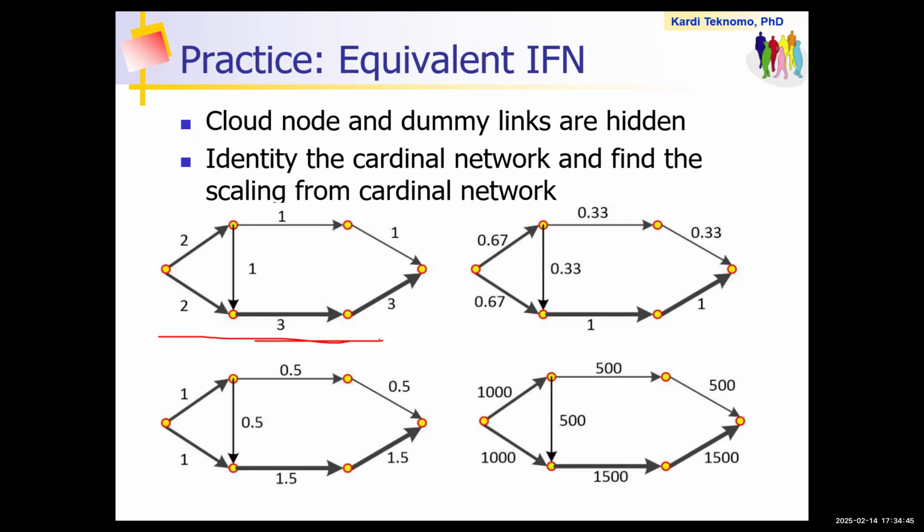And now, given this cardinal network, what is the global scaling of this P and C and D? D is clearly, if you have 1 here, this is 0.3. So this is basically divided by 3.